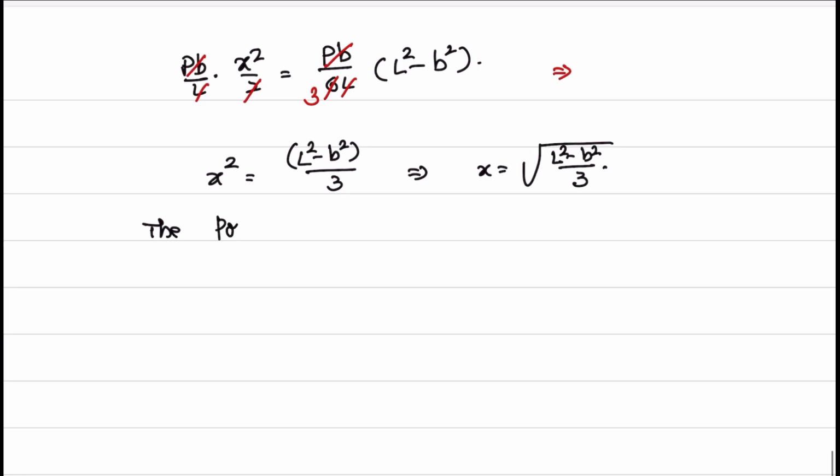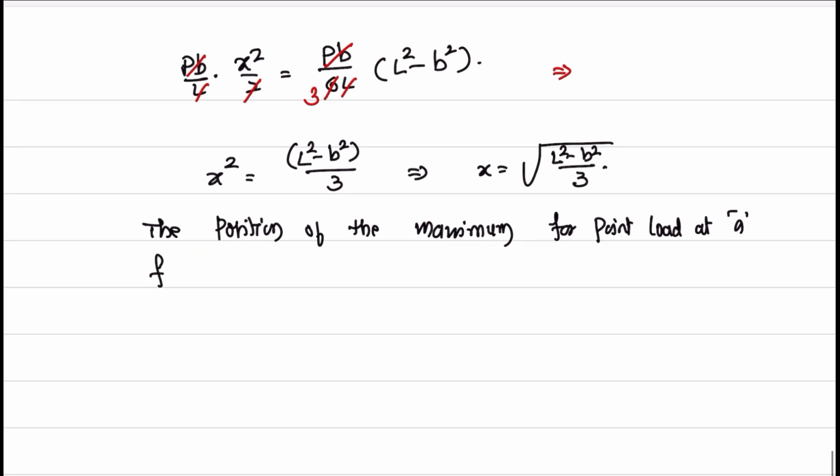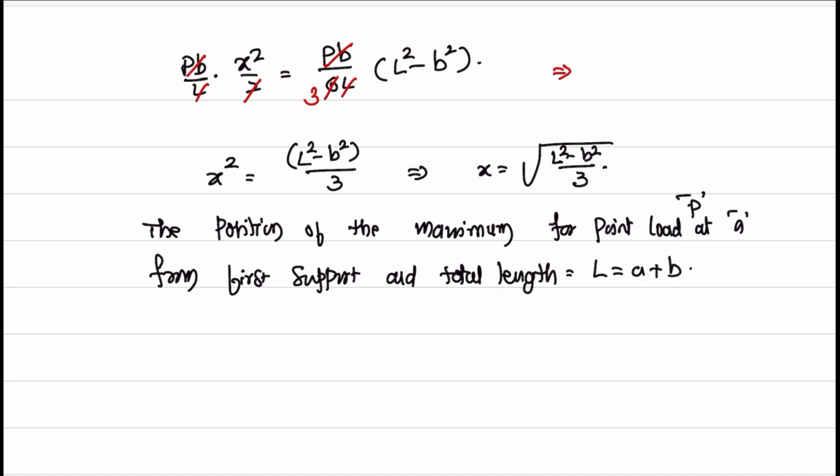The position of the maximum deflection in case of the above, for a point load P at A from first support, and total length L is equal to A plus B. The second support is at B.